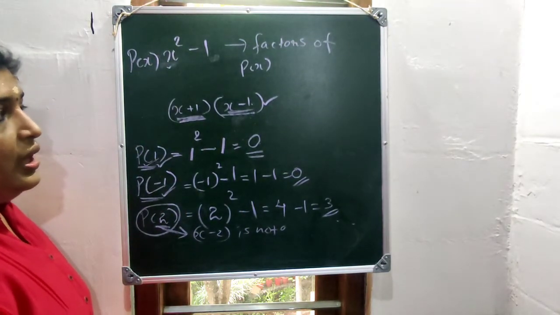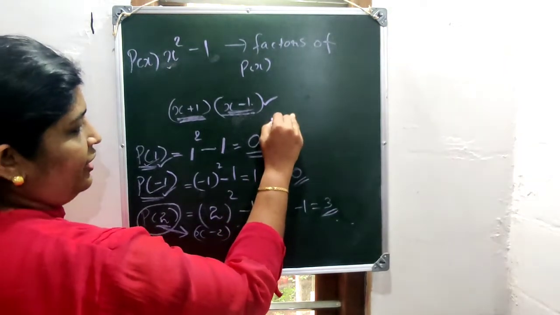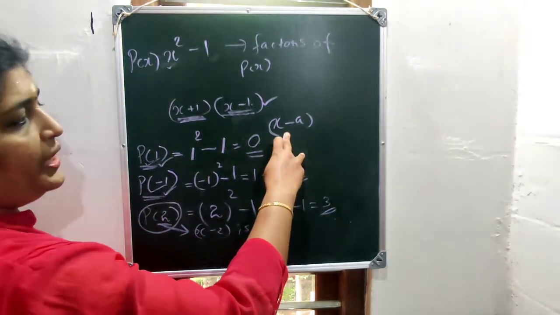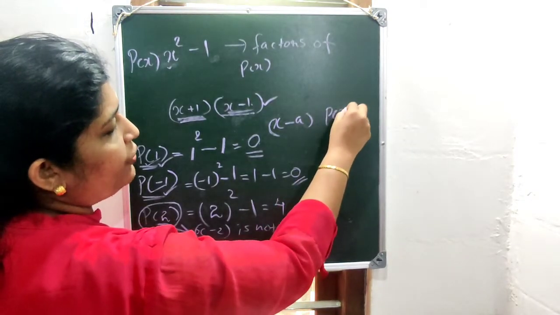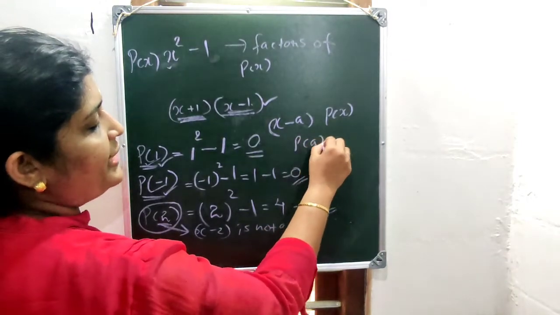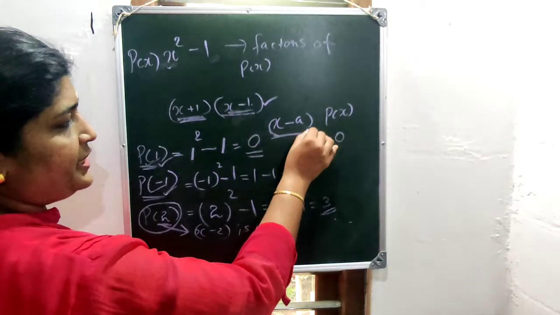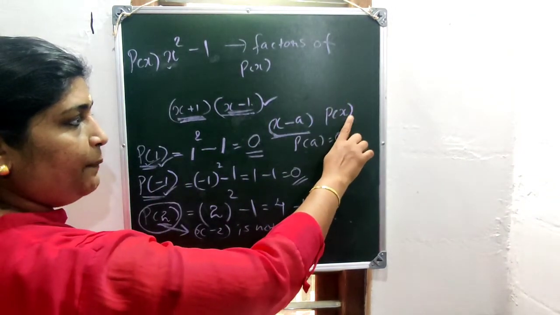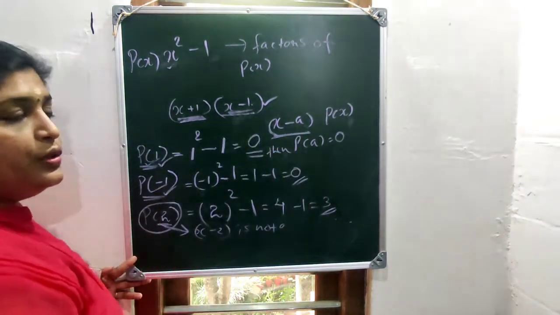So in general, we can say that if x minus a is a factor of the polynomial p of x, then p of a is equal to 0.